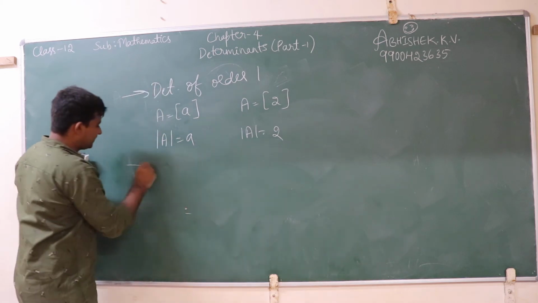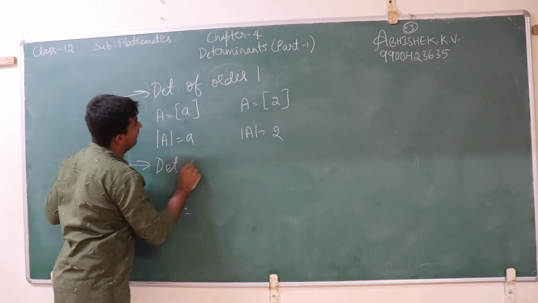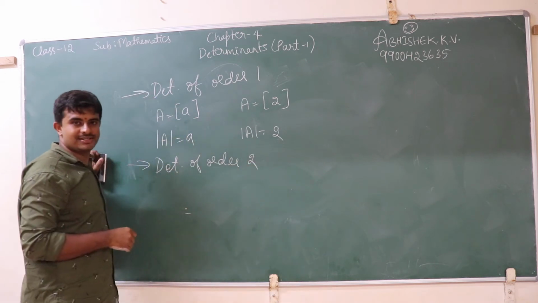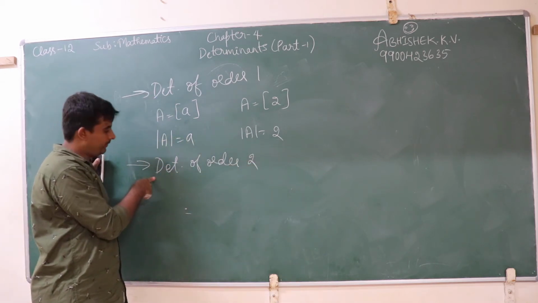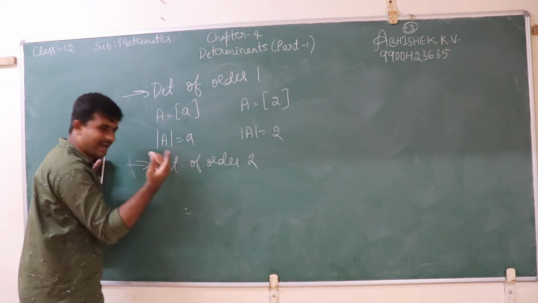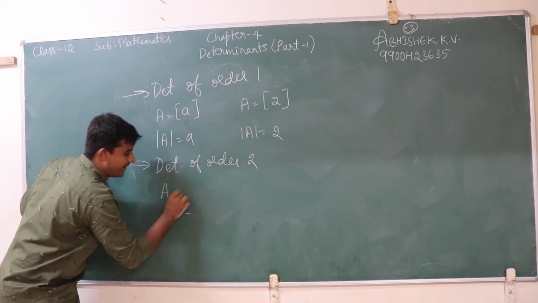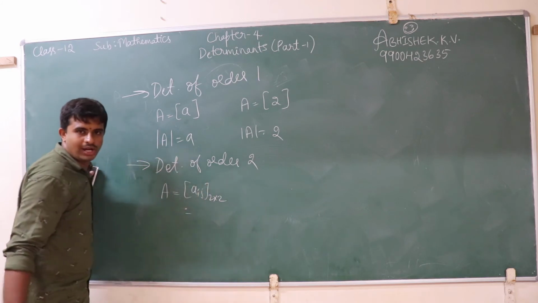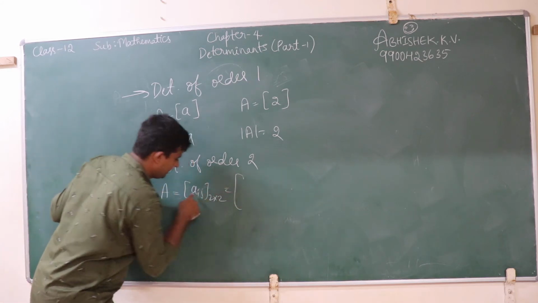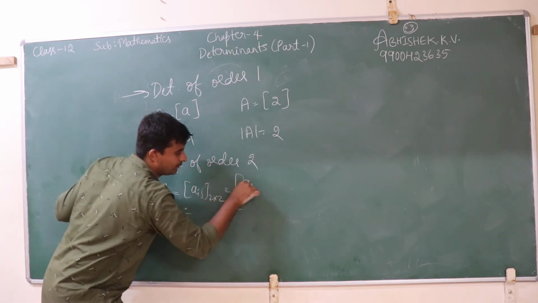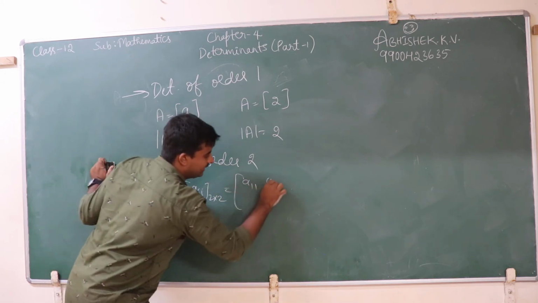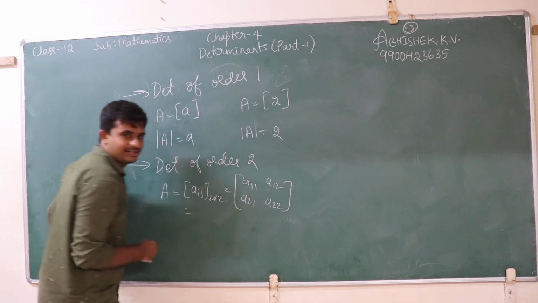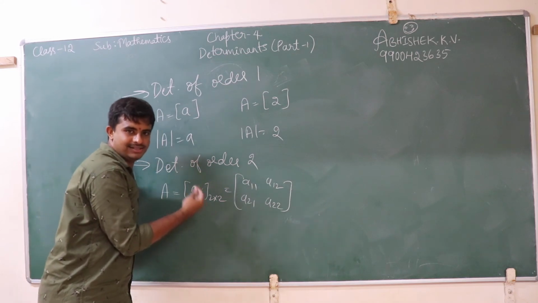Then, what is the procedure for defining the determinant of order 2? I already told you. If I consider the matrix A is equal to Aij of order 2 cross 2, it is of the form A11, A12, A21, A22, which we already learned in matrices.